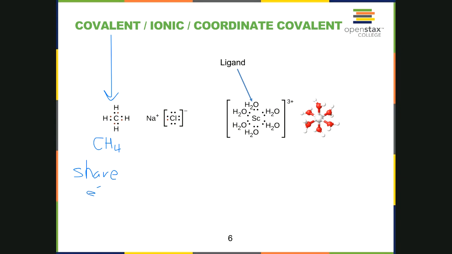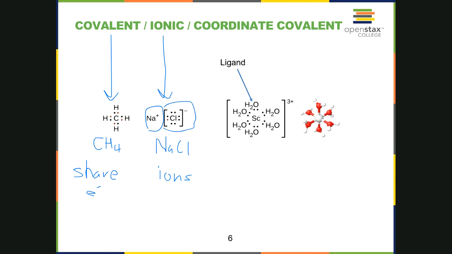Then we have an example of an ionic compound, sodium chloride. And with sodium chloride, you've got ions. So the sodium loses electrons and becomes Na+. Chlorine gains electrons and becomes Cl negative.